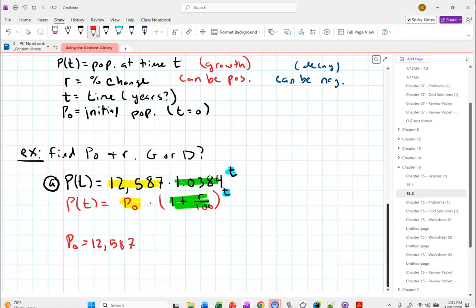Nobody should have any problem with that. That should be quite easy to see. Now, I can't get the R directly from looking at the formula, right? But I can see that 1 plus R over 100 is equal to 1.0384. Is everybody okay there?